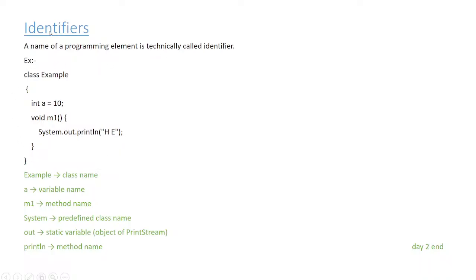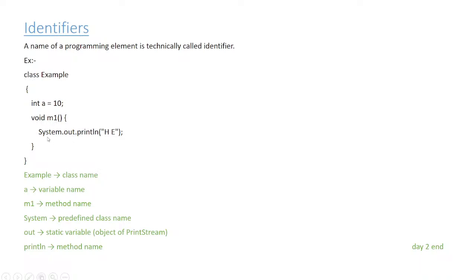In this program, how many identifiers are available? Class Example: in that, the class name Example is one identifier. And in the variable int a = 10, a is one identifier. M1 method: M1 is one identifier. These are all programming elements, simply called identifiers.